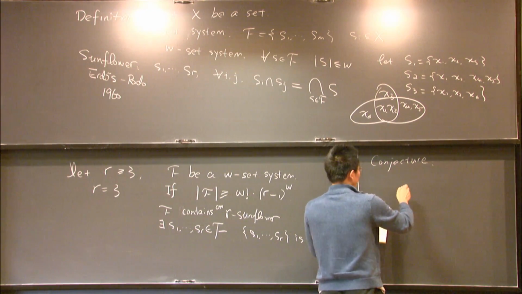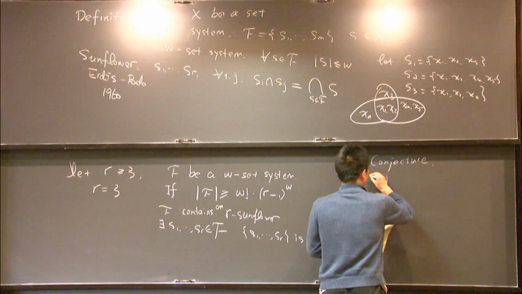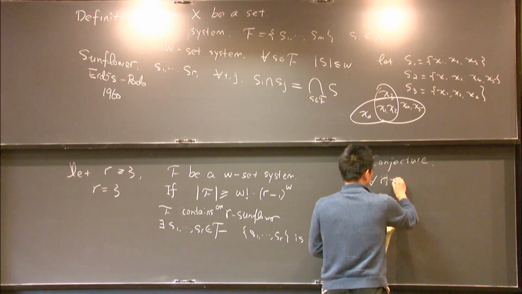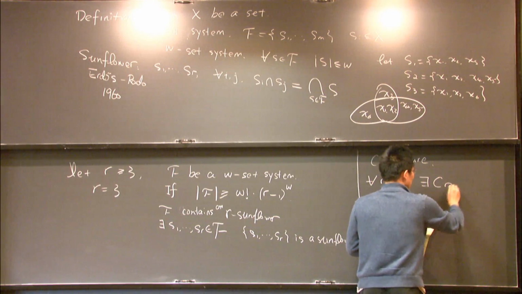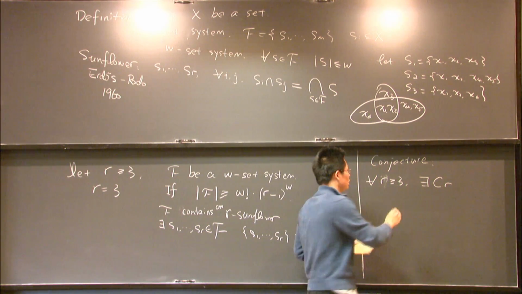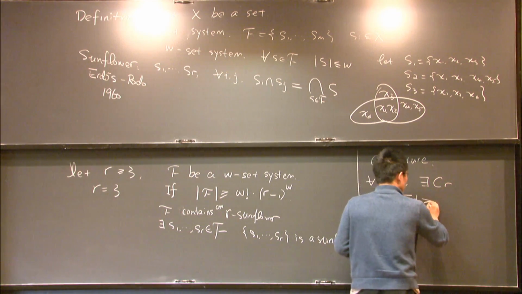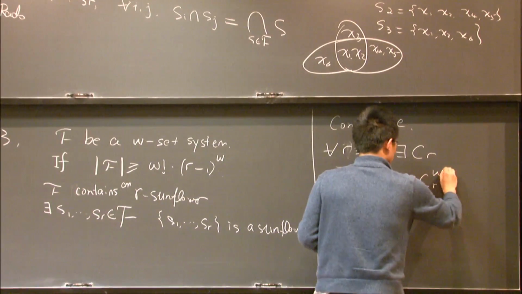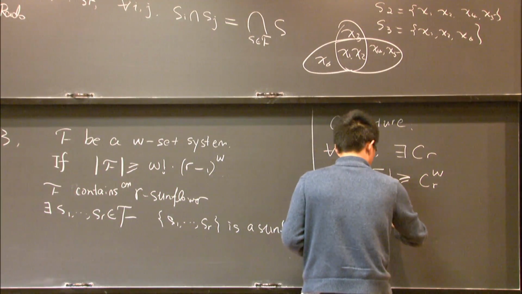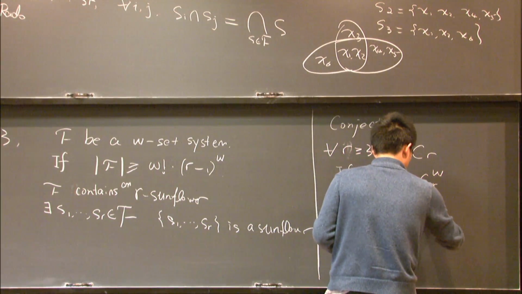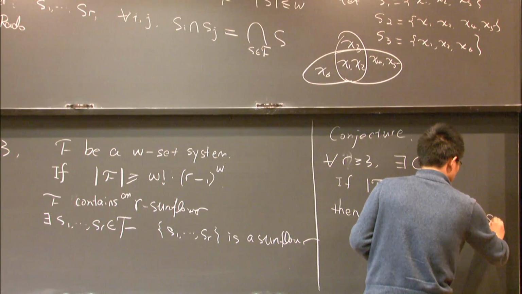This conjecture says there exists a constant c that depends only on r, such that if the size of F is larger than c_r to the w, then F contains an r-sunflower.